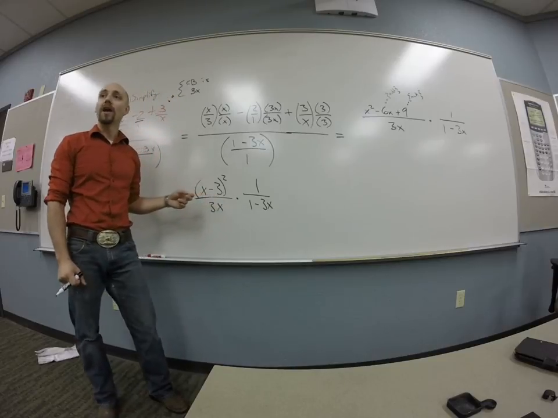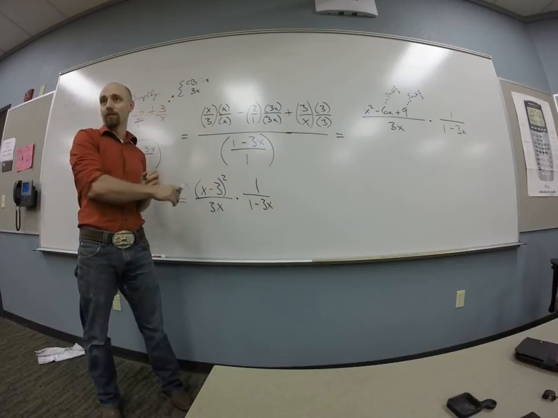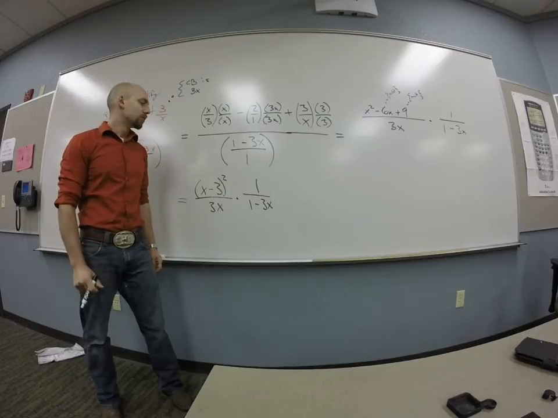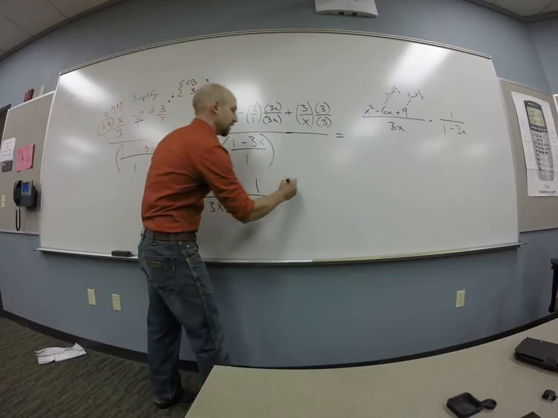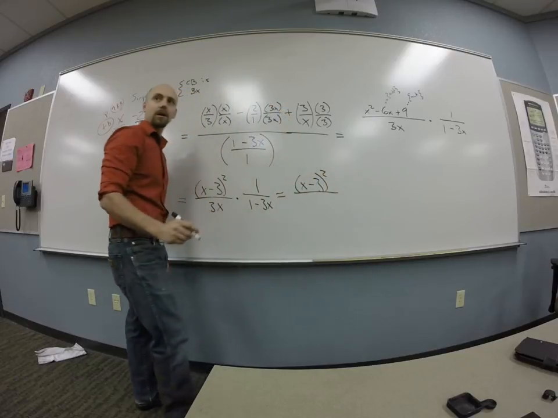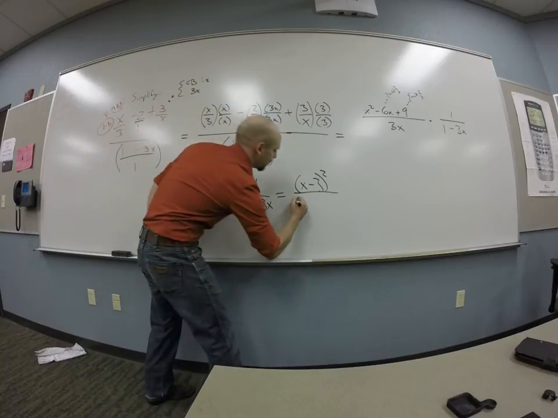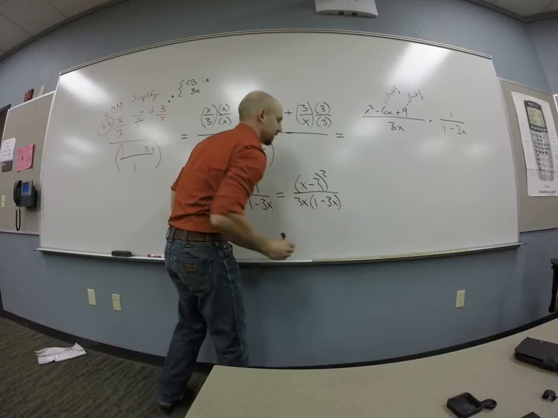If there was an x minus 3 on the bottom that I could cancel with, I would only use one of them. So really what I end up with here is an x minus 3 squared on the top, and on the bottom I've got a 3x, multiplied by 1 minus 3x.